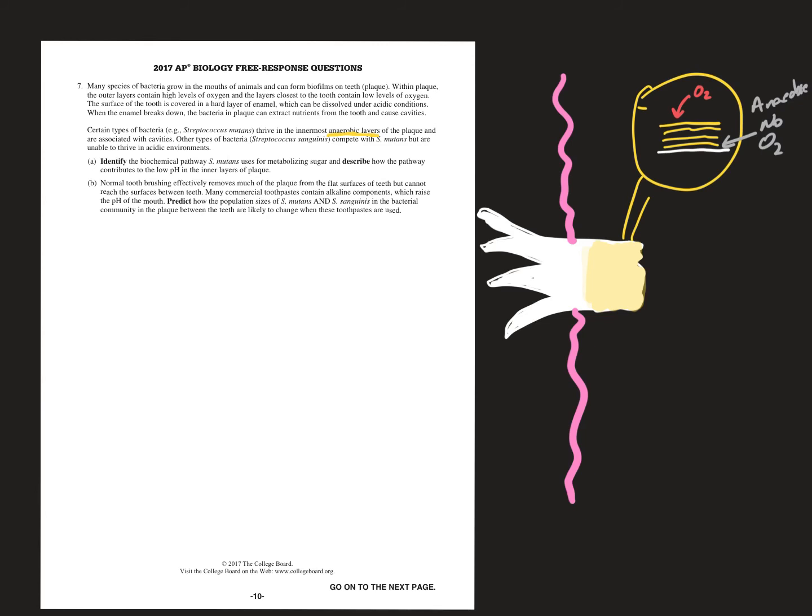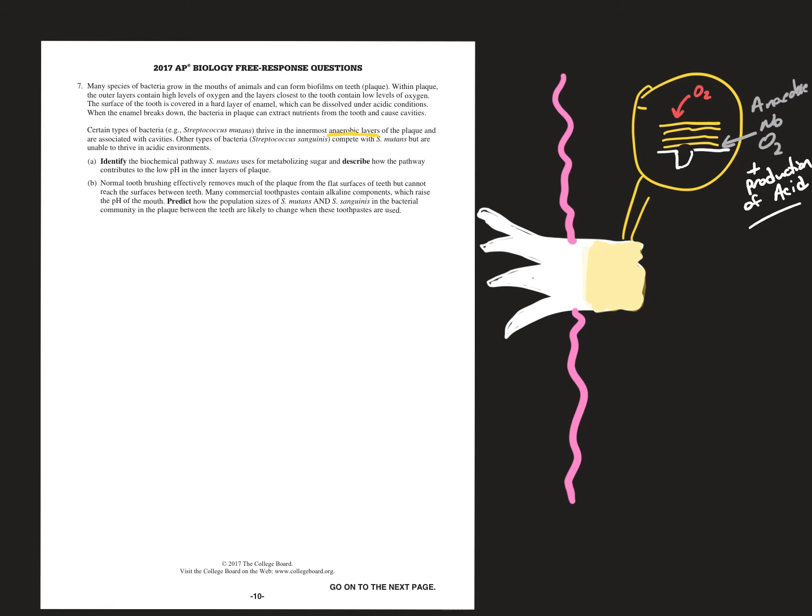All right, so of the plaque, they're associated with cavities. They're this anaerobic pathway, so they're associated with drilling or burning or corroding holes in your teeth. One would think that kind of activity is because these anaerobic bacteria produce no oxygen, but they are producing acid, right? Some kind of acid.